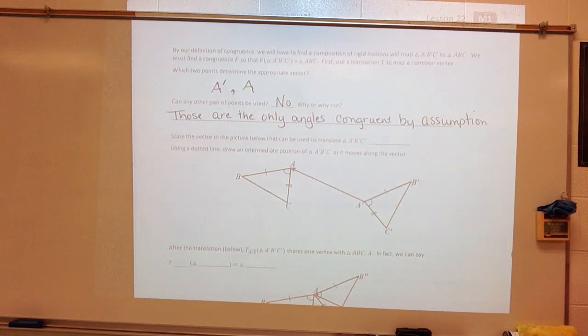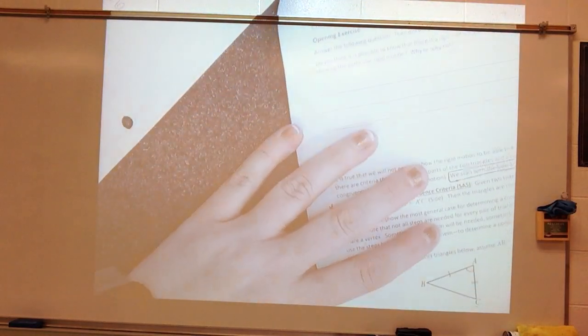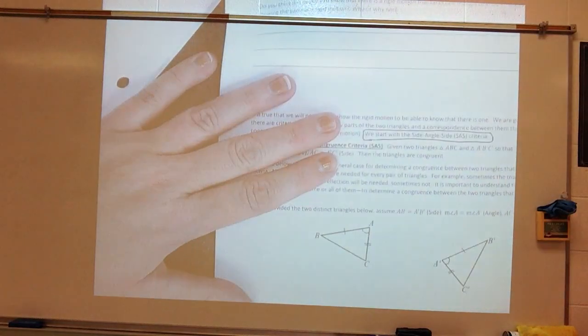The best way that I can explain a vector is something that we can add. Alright? So trying to figure out something we can add to our figure in order to create our translation. Alright? So it wants to know, what can I add to my picture that can be used to translate this figure to this figure.